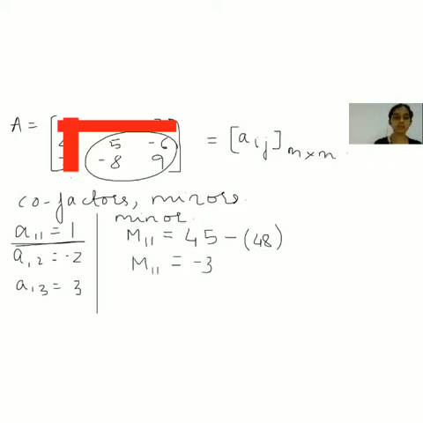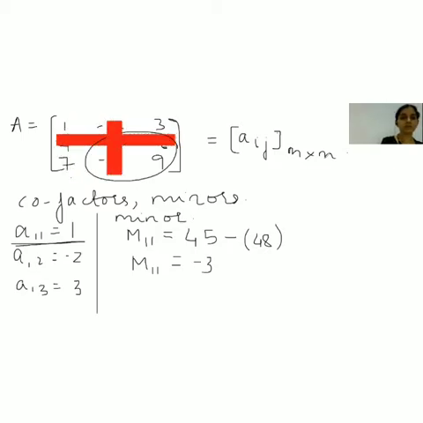Similarly, we can find the minor of, let us say, A12. So what do you have to do to find the minor of A12? A12 is this element over here.